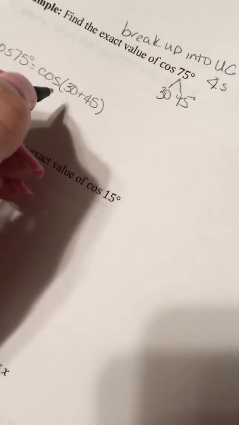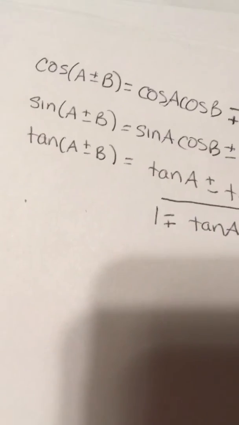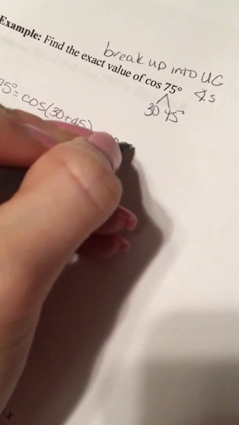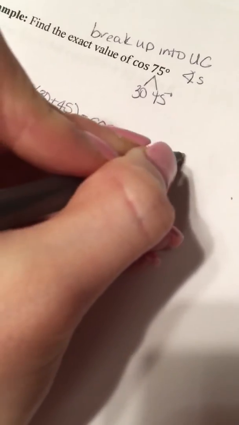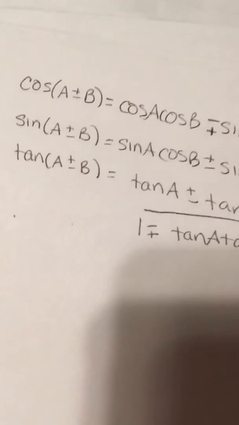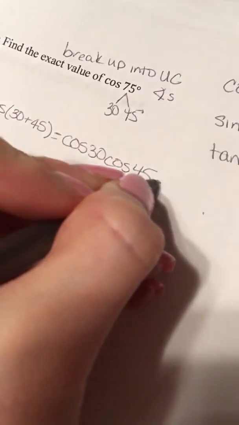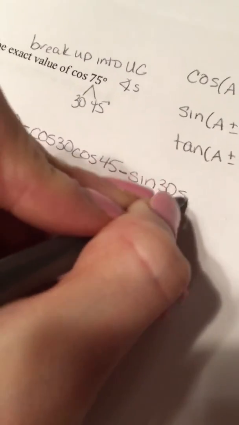So based off of my formula that I wrote down earlier, this is going to go cosines first. So cosine of 30, cosine of 45, and then it's going to be the opposite sign of what I'm doing. So if I'm adding, it's going to be subtraction, and then the sines are next. So it'll be sine of 30, sine of 45.